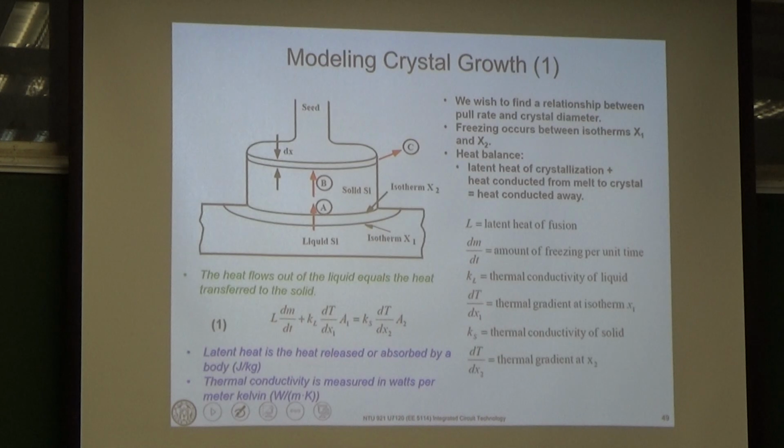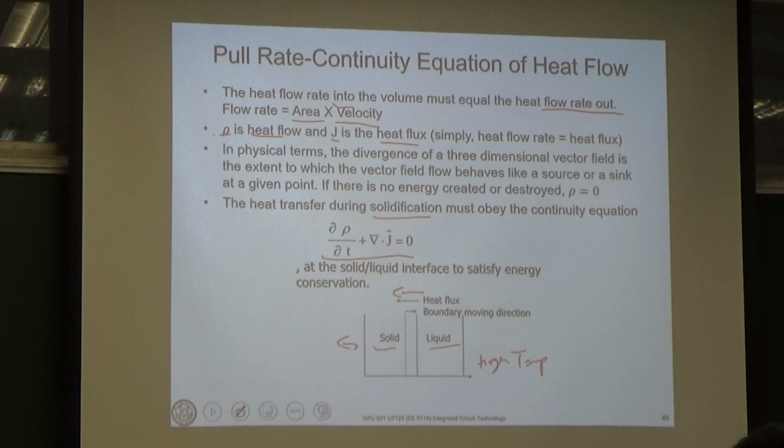That's the basic continuity equation that we can understand. It's very similar to what we have learned in semiconductor physics. We learned the continuity equation and the drift-diffusion equations. It's very similar to that.